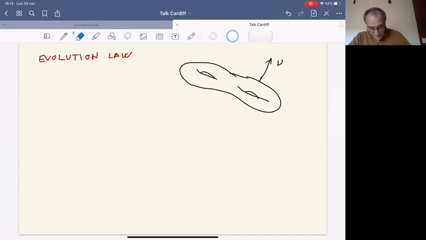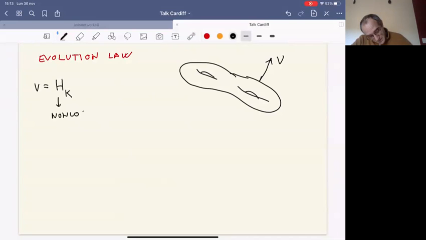Let's call it v, the normal velocity v, and the normal velocity v will be equal to an object which is called the non-local mean curvature, which is defined through an integral.